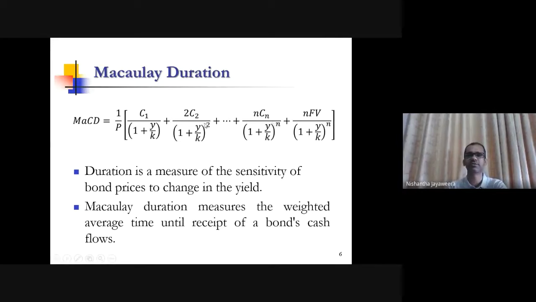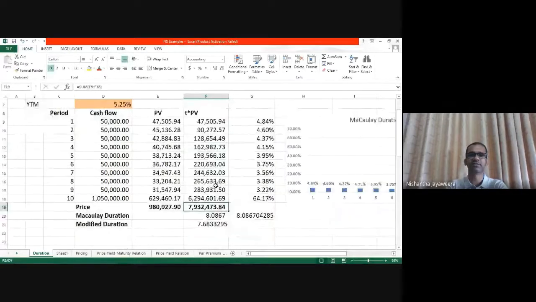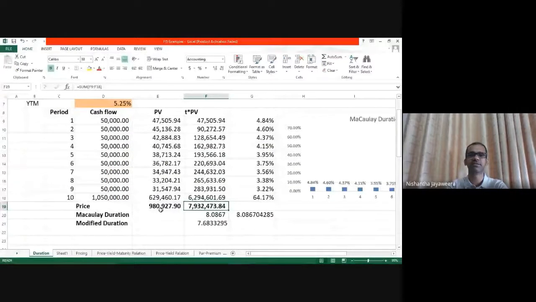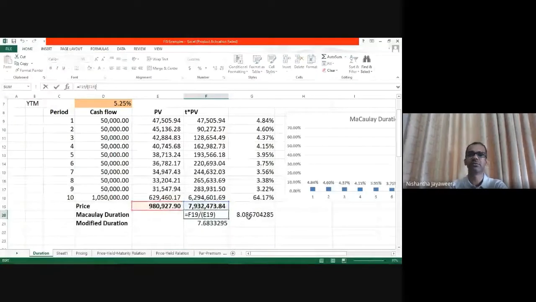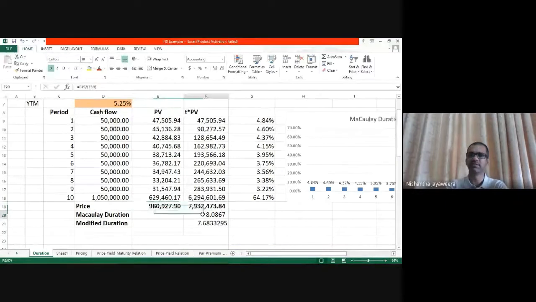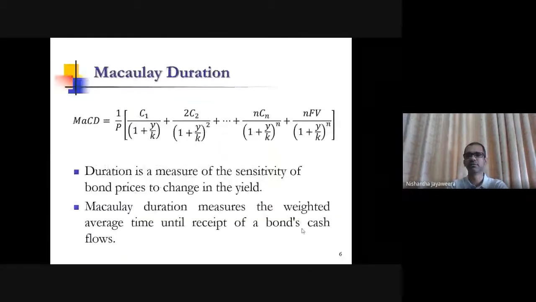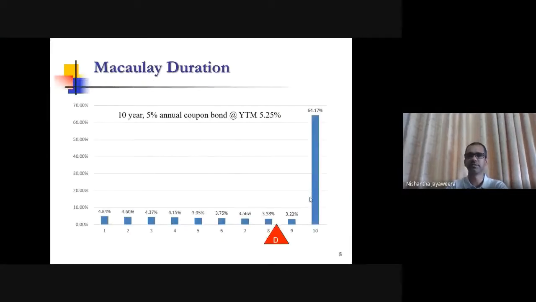Each cell represents each component of that equation, and ultimately that sum is divided by the price. This is the sum, this is the price. Is it clear now? Okay. We divide the sum by the price and arrive at the center point. Yes, we arrived at the fulcrum point. We derive this point.